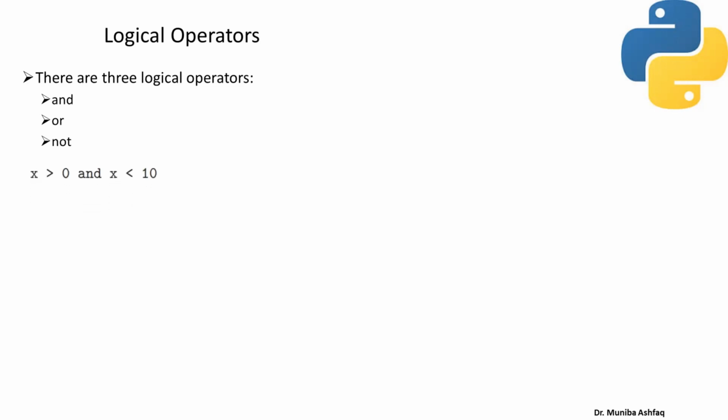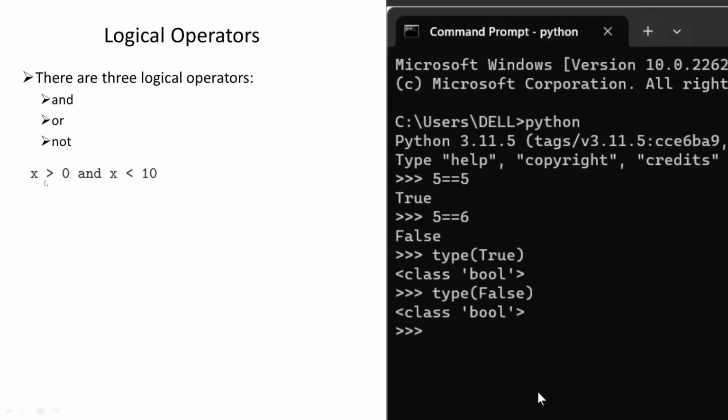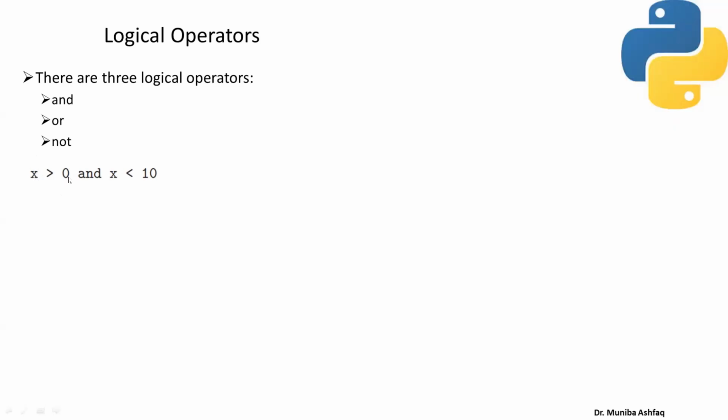So x is greater than 0. This is one of the Boolean expressions, and it results in either true or false. If you have this Boolean expression, then you must have assigned some value to x previously. Then you are going to check the value it contained. If its value is greater than 0 and x is less than 10, this is a Boolean expression and this is a Boolean expression.